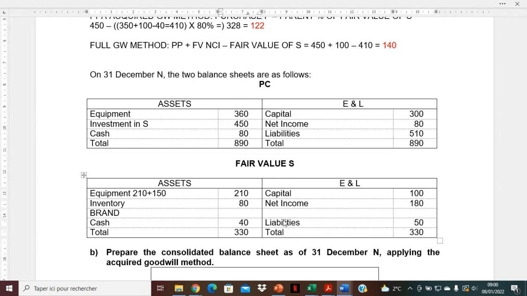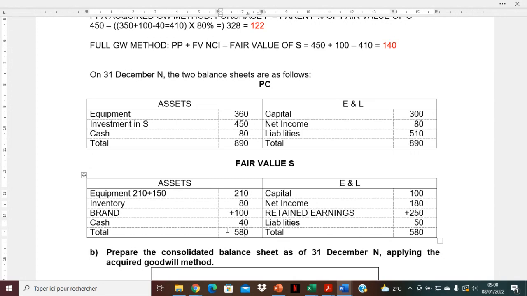So I need to add, once again, the brand name for 100. Exactly the same. And we have retained earnings to make the balance sheet equal, so we add 250 to the retained earnings, so that my final balance sheet at fair value is, of course, still equal.